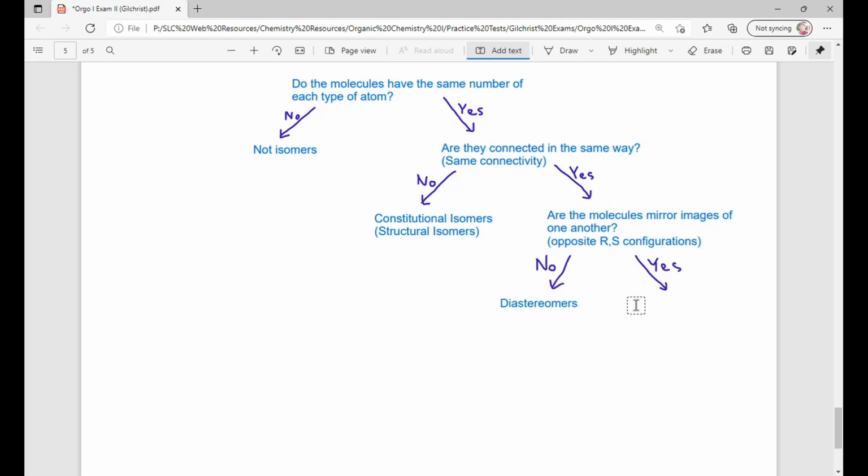Now, if the answer is yes, then we have to ask ourselves one more question. Are they superimposable? And if the answer is yes, then we would say that they are meso.